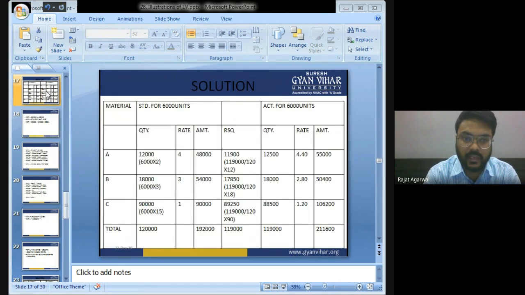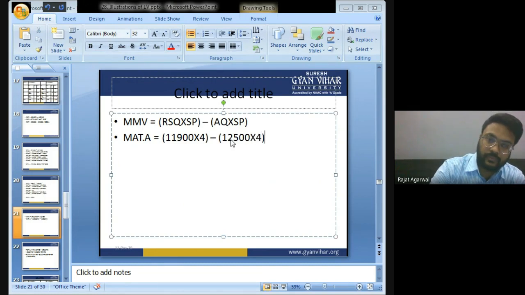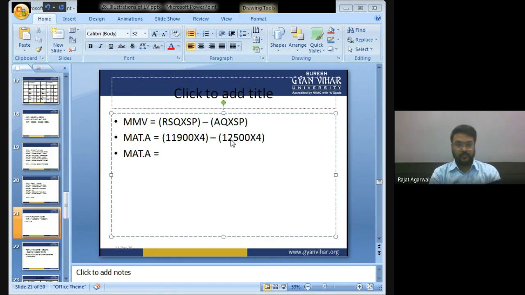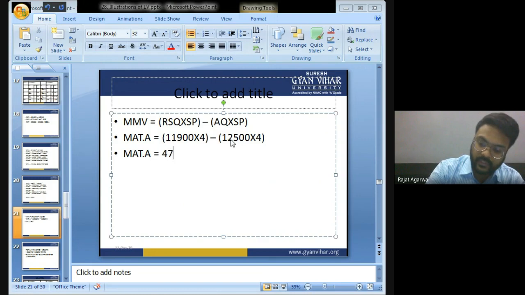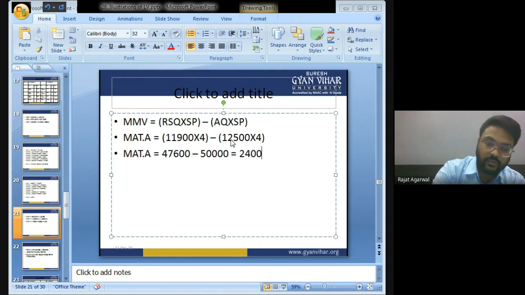Actual quantity of A is 12,500 into standard price 4. 11,900 into 4 is 47,600. 12,500 into 4 is 50,000. Minus 47,600, 2,400 adverse.